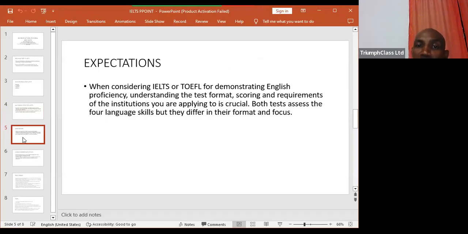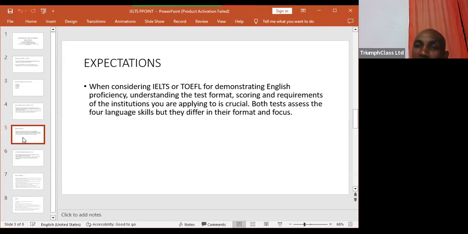You need to know the test format of each of these English proficiency tests. For example, you need to know what is in TOEFL, you need to know what is tested, you need to know the scores that can take you to a good level in performance in TOEFL or IELTS. And you need to know the requirements of the institutions that you're applying to.